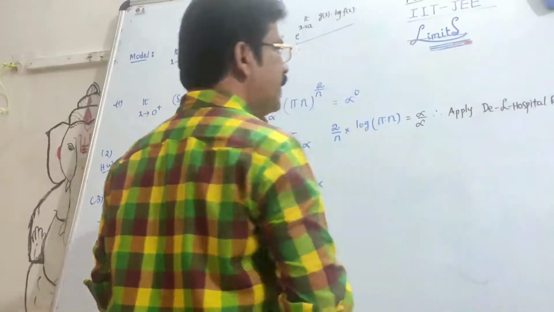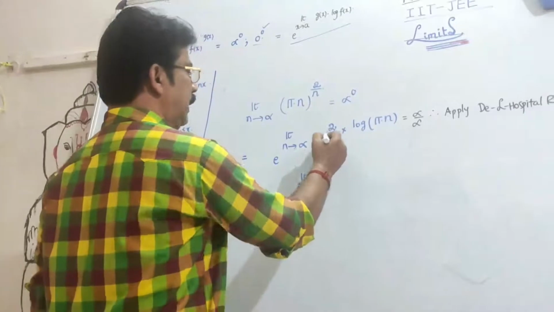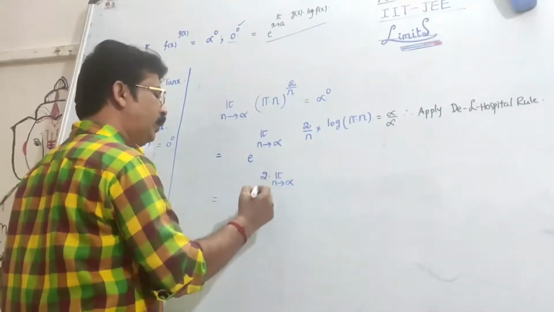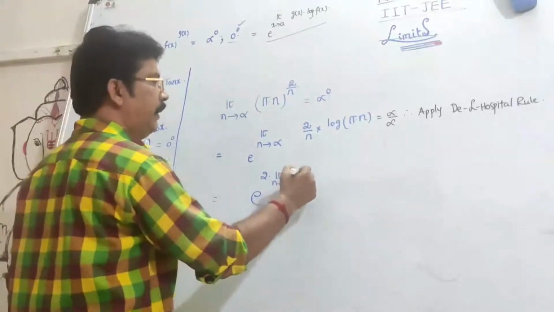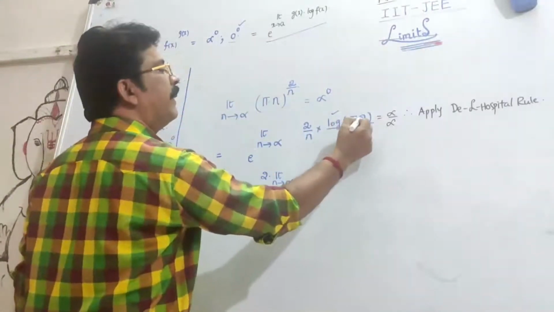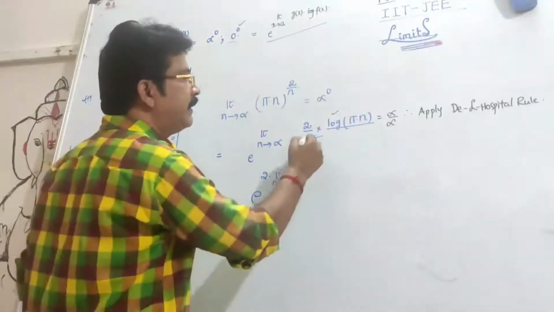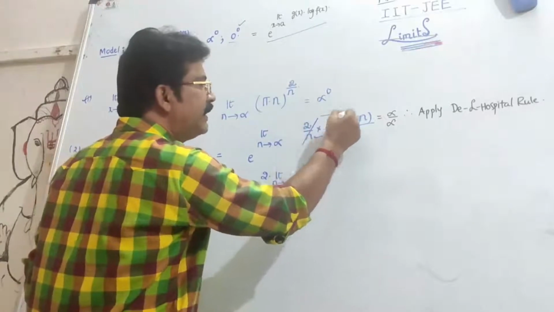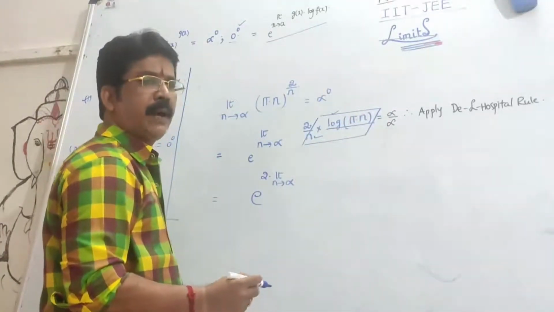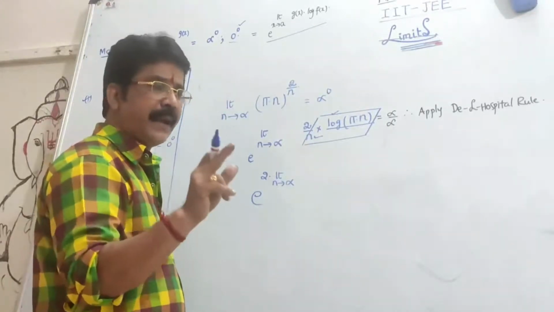It is a scientist's name, remember. So first, 2 is the pure constant. Next, numerator is logarithm of pi n, denominator is n, so it is completely a function in terms of n. Therefore we have to differentiate not with respect to x, but with respect to n.